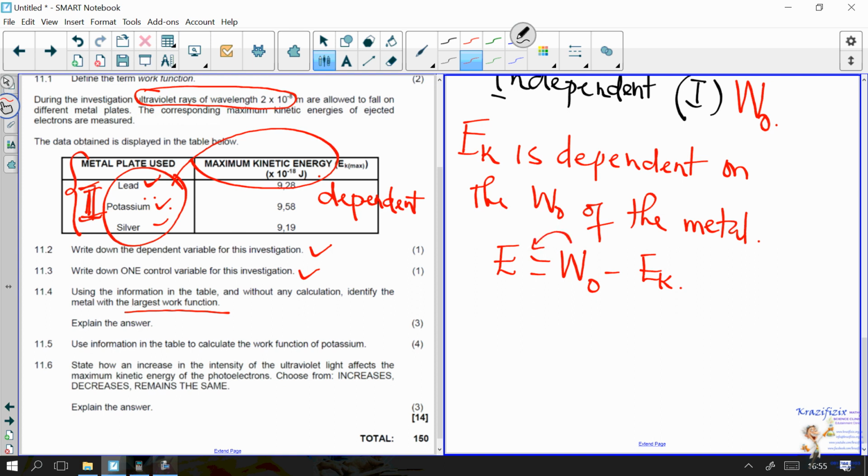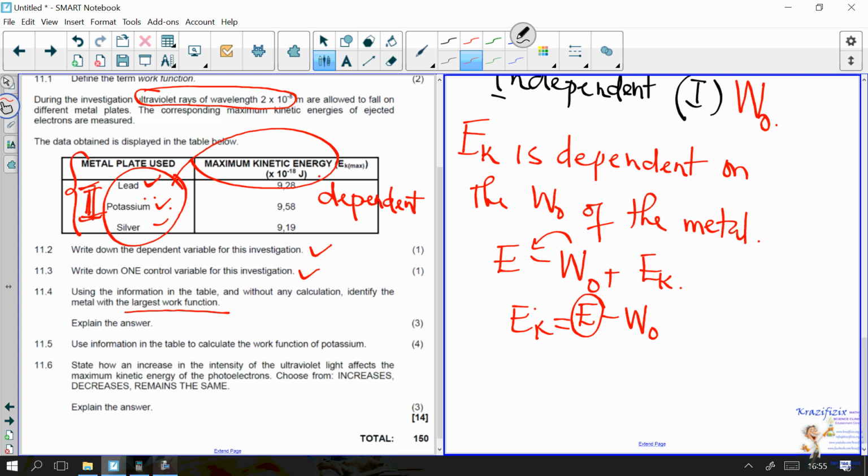If I move this over, we did this in the multiple choice, kinetic energy will be E minus work function. Now, E is a constant because we're dealing with the same light.